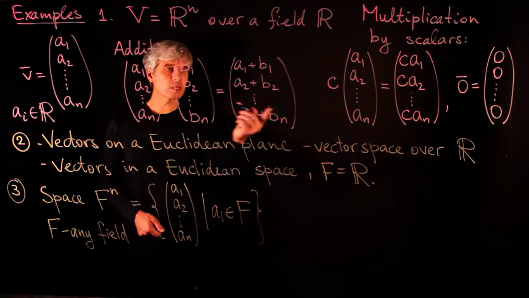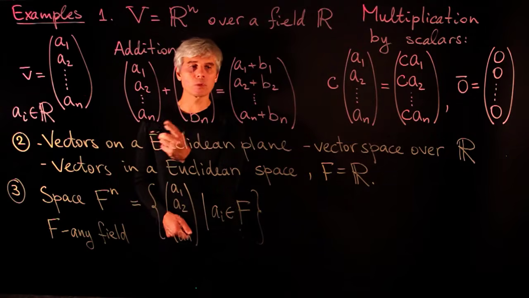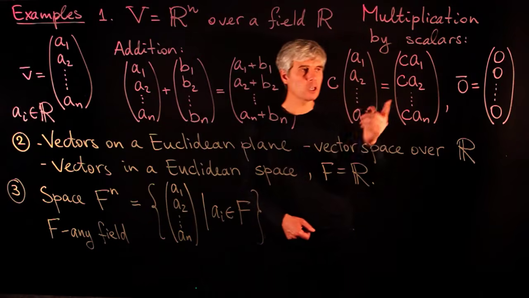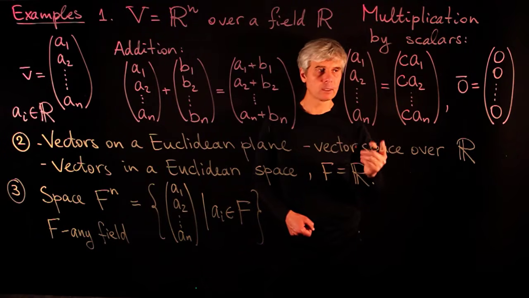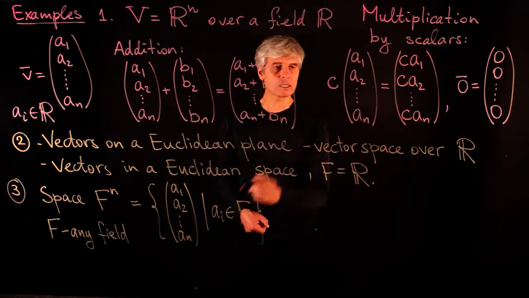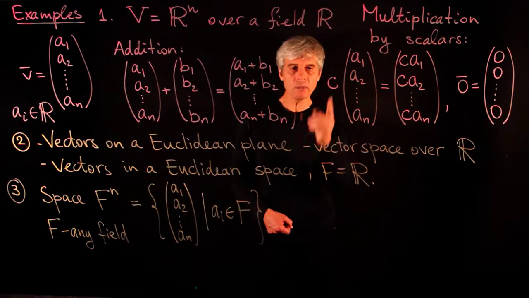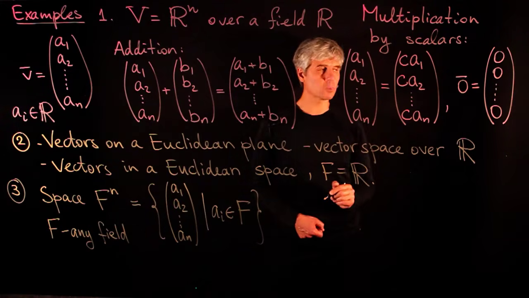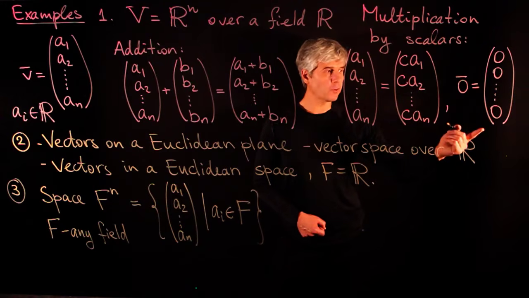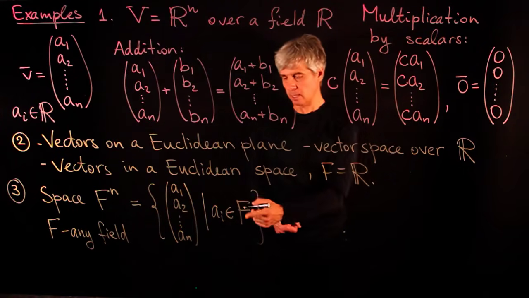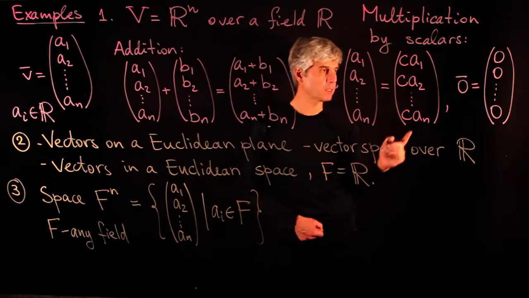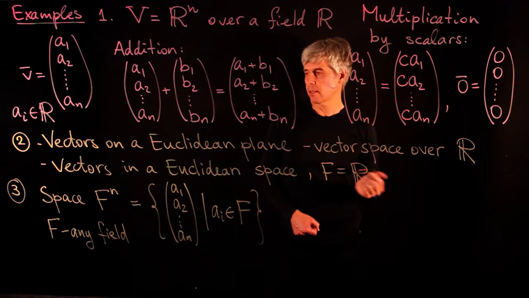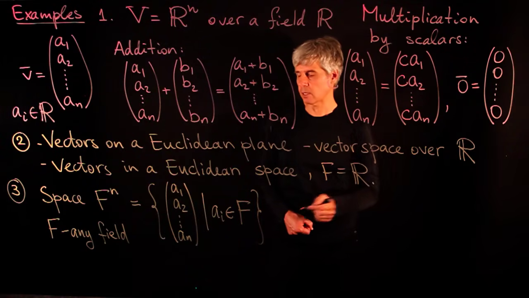And we use the same formulas as here to define addition of vectors and multiplication of vectors by scalars. But in this case, of course, the scalar is not going to be a real number, but the scalar is going to be an element of F. And so these operations will be well defined. And a zero vector is also defined in this way, since in any field we have 0. And so if we consider an n tuple of all zeros, then this is going to be a zero vector in Fn.